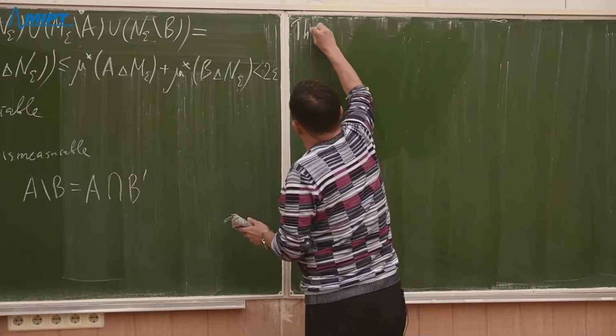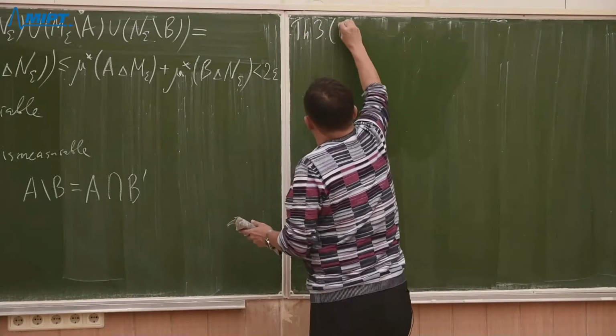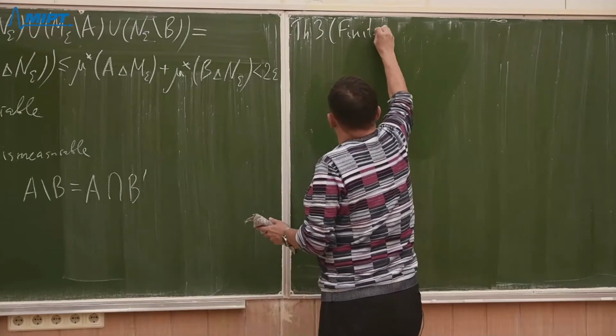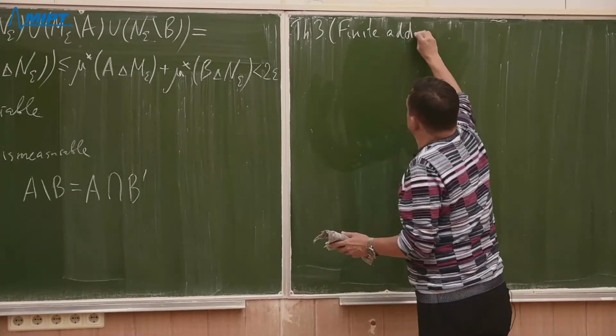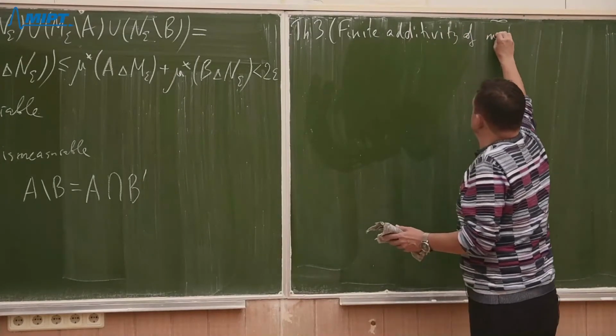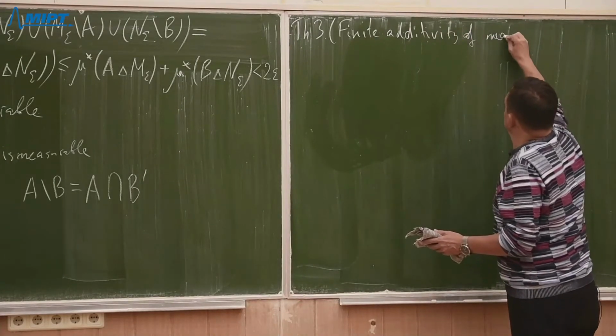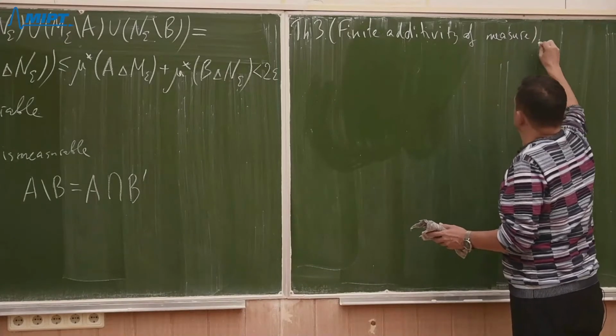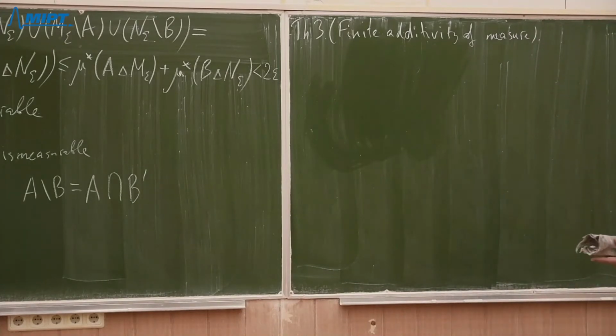Theorem 3. Finite additivity of measures. Again, here an arbitrary measure is considered.